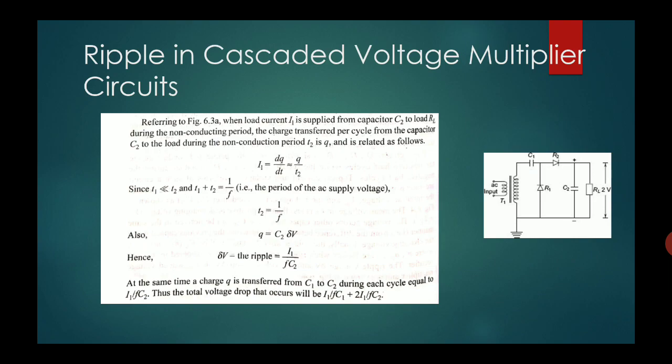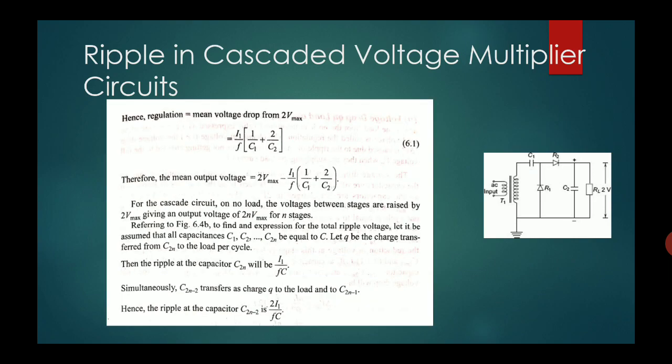At the same time, the charge Q is transferred from C1 to C2 during each cycle, equal to I1 divided by F by C2. The total voltage drop will be I1 divided by F by C1 plus 2I1 divided by F by C2. This is how you calculate the ripple voltage.